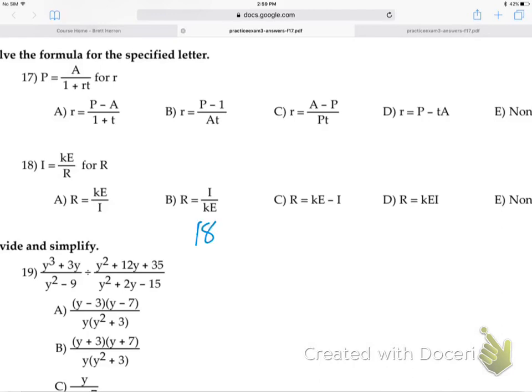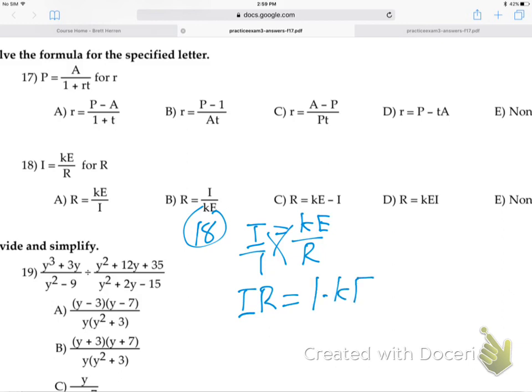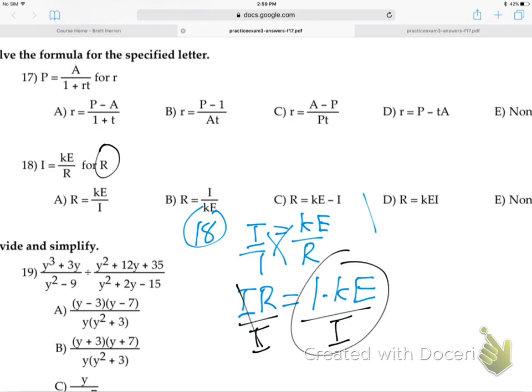So for 18, I equals KE over R. Put this over 1, diagonal, diagonal. IR is 1 times KE, which is just KE. So divide by, what are we trying to solve for here? R. So divide by the I. Boom, there it is. 1 times KE is just KE. KE over I, it's answer A, huh? Right? I didn't get fooled that time, though. Yeah. All right, we good on that? So, a few more.